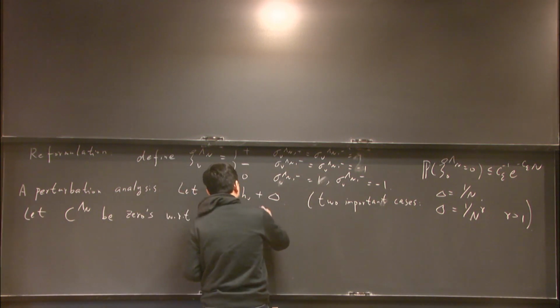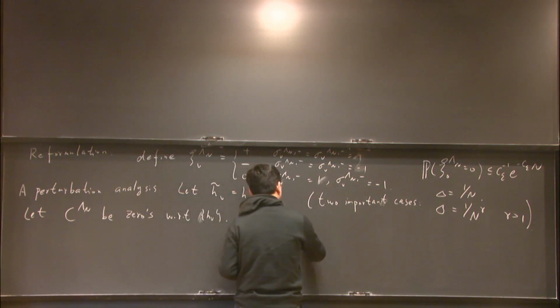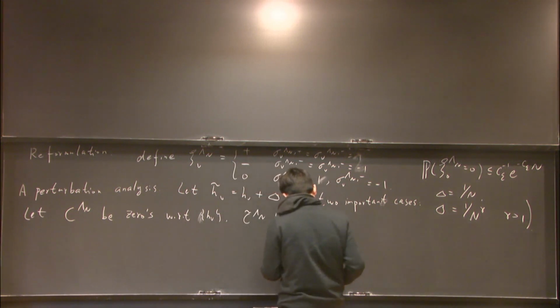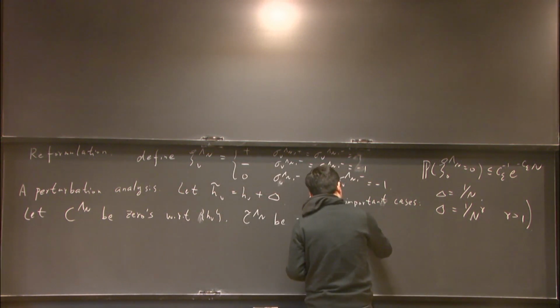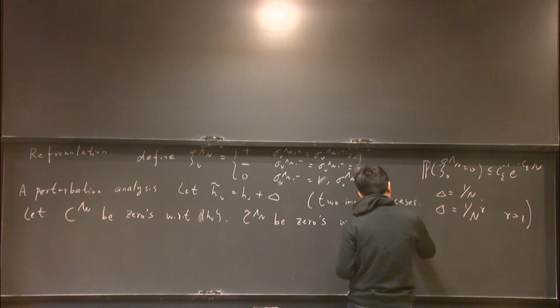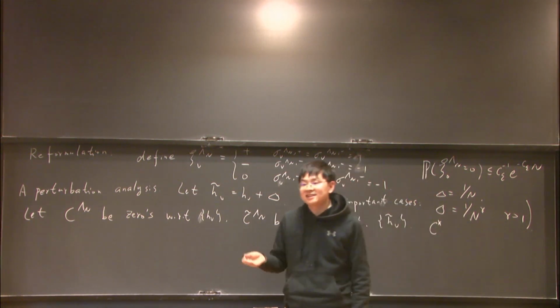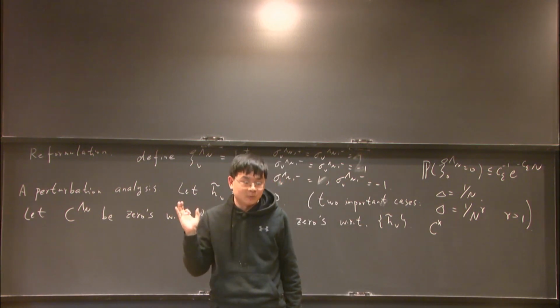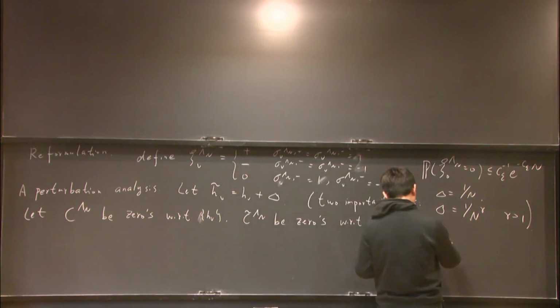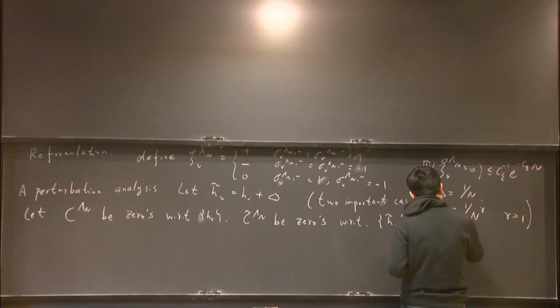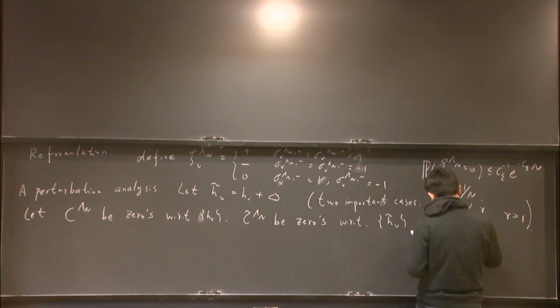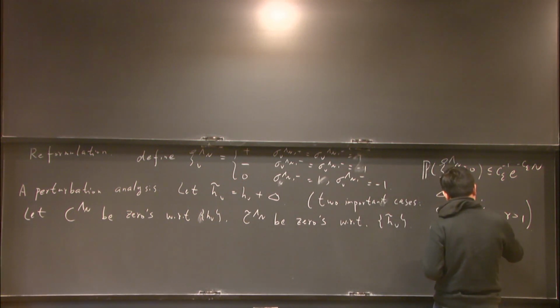And let C tilde lambda n be the zeros with respect to the field H tilde V. I want to consider the intersection, because one way to say things would disappear is that the intersection is small. So I consider the intersection, say C star of lambda n, to be just the intersection of the two.